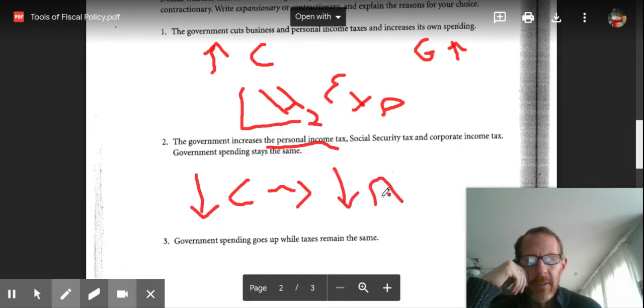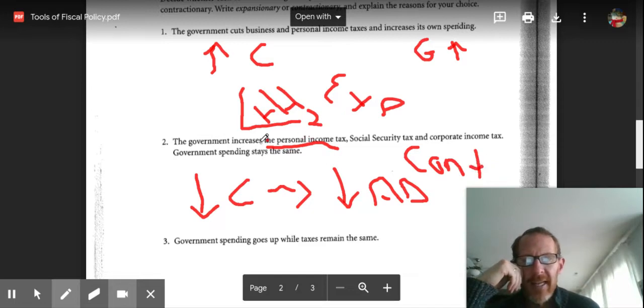You can see that would be a shift this way on the curve. That is what we call contractionary fiscal policy, because the economy is actually having less GDP. We're going left on this curve, so the economy is contracting.